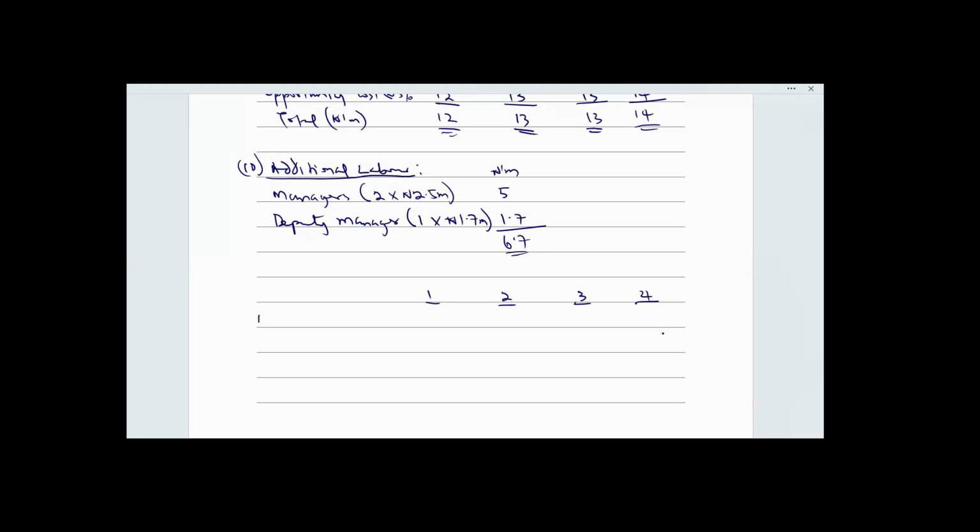So additional labor cost at 7%. Remember, the inflation rate for labor is 7%. 6.7 will be 7 million in the first year, rounding. Therefore, 6.7 multiplied by 1.07, what do you get?